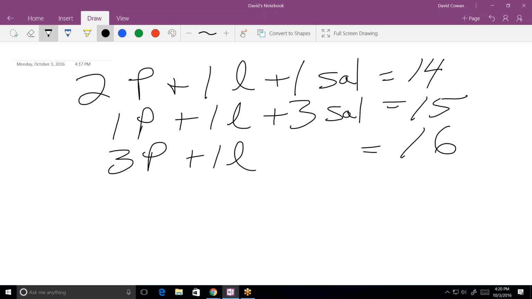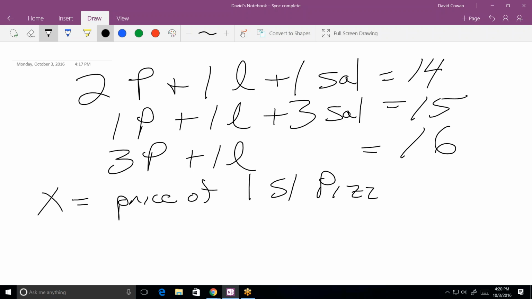I can use different letters, I don't have to use x, y, and z. I could use P for pizza, S for soda, S for salad. But just for convenience's sake, let's say x is the price of 1 slice of pizza. And I've really found that being very, very specific on your variables helps a lot. y is the price of 1 liter of soda.